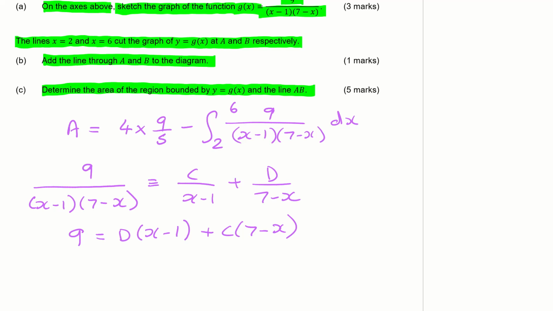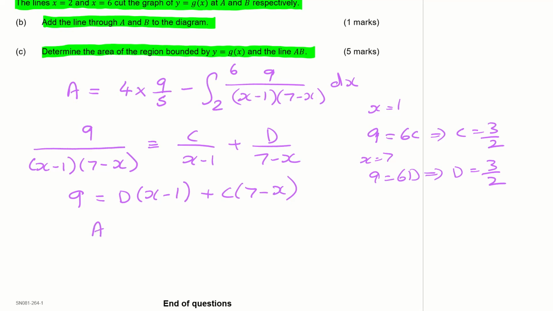And so if we choose x equal to 1, that would give us 9 is equal to 6c, which gives us c is 3 over 2. And then if we choose x equals 7, that gives us 9 equals 6d, and that means that d is also 3 over 2.